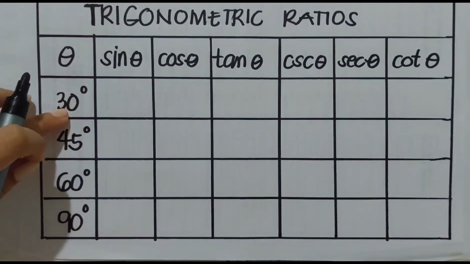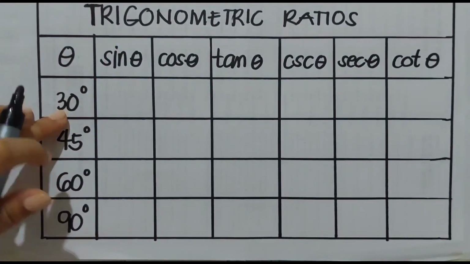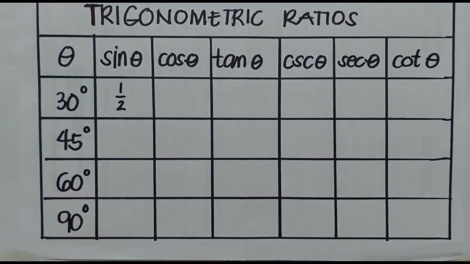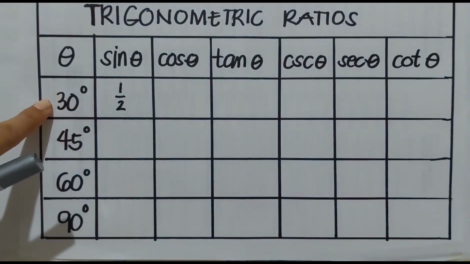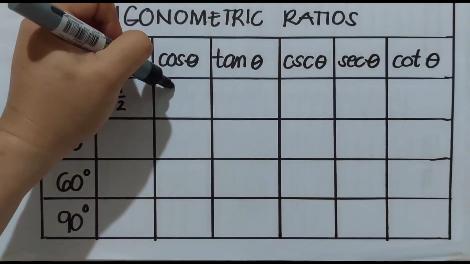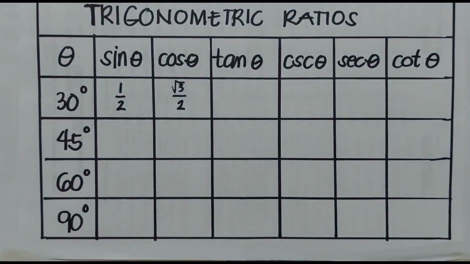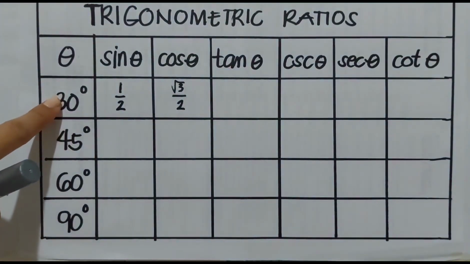So, sine 30 degrees, how much is that? That is equal to 1/2. And cosine 30 degrees, that is square root of 3 over 2, the ones we computed earlier in the example. What about tangent 30 degrees?